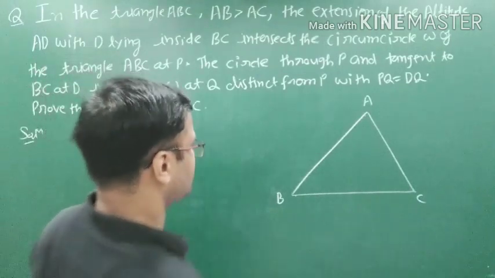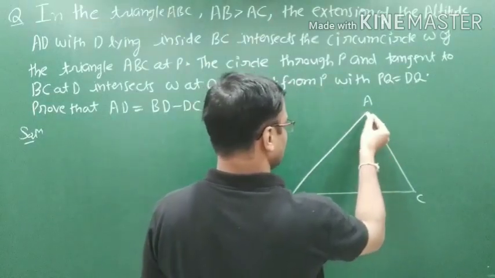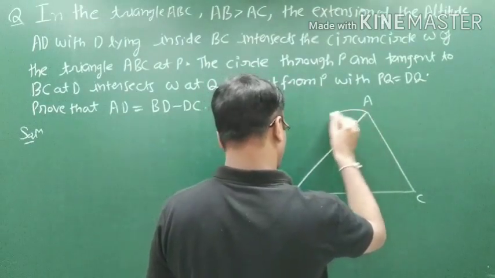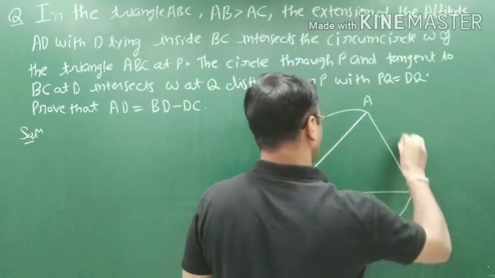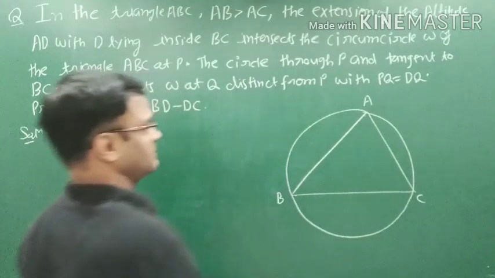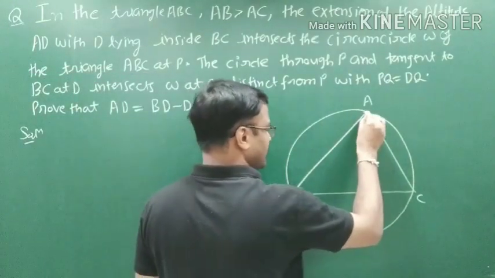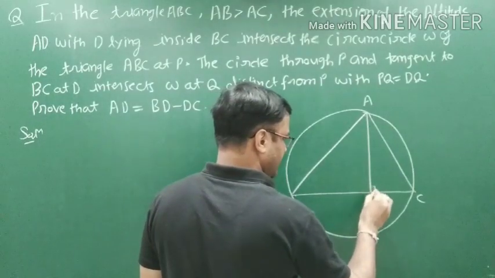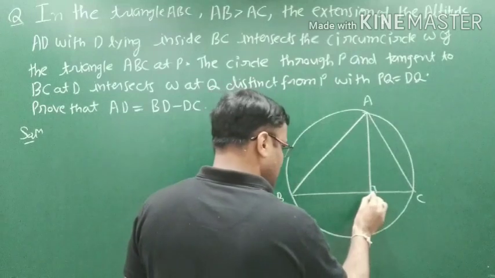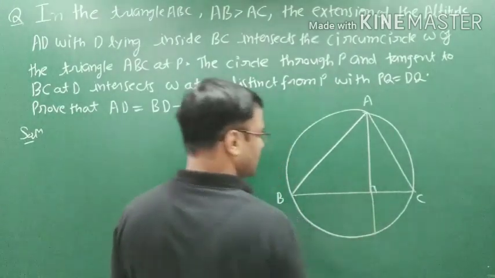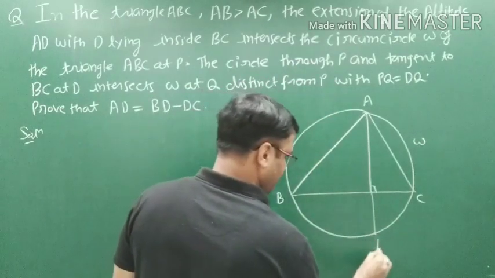Omega is the circumcircle of this triangle ABC, so first draw the circumcircle of the triangle ABC. If we draw the altitude AD and extend this altitude, then it intersects the circumcircle omega at point P.